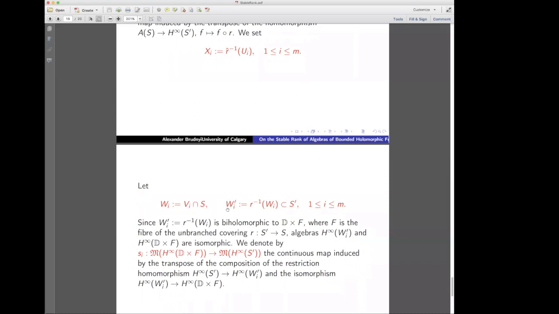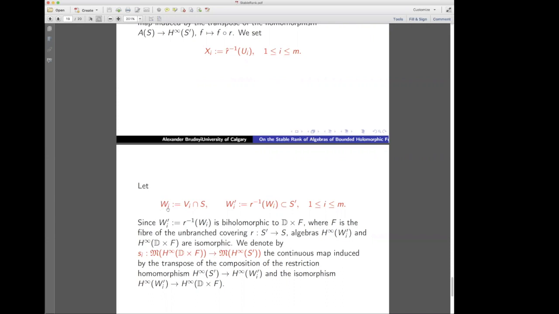By the definition, because we have assumed that our Wi are simply connected, the preimage of Wi with respect to R will be biholomorphic to the open unit disk times F, where F is the fiber of the unbranched covering.